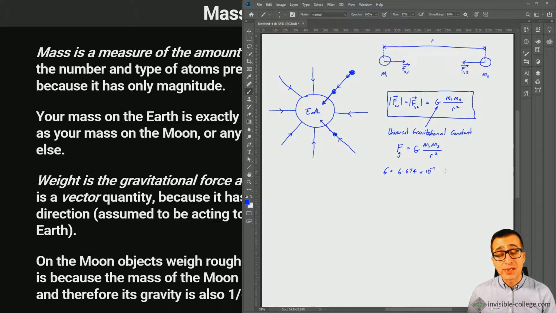Now, the standard units of the gravitational constant are meters cubed per kilogram per second squared. Now, these are the standard SI units, Système International units.